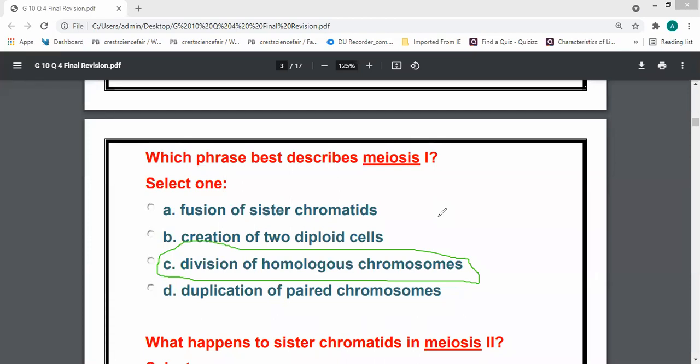Meiosis one is the division of homologous chromosomes, but mitosis is division of sister chromatids. You mean in case of mitosis, the chromosome splits into two sister chromatids, right? Yes. But in case of meiosis, the homologous chromosomes split from each other, not chromatids, right?